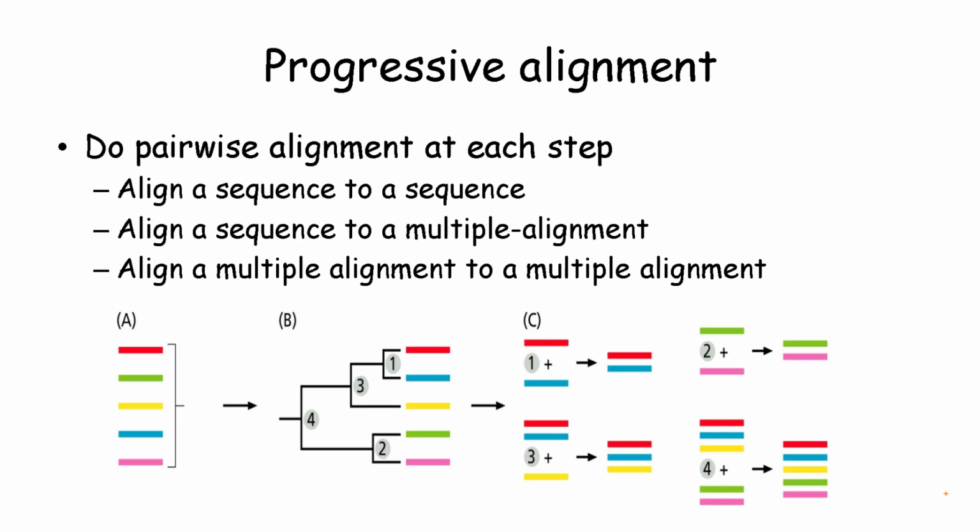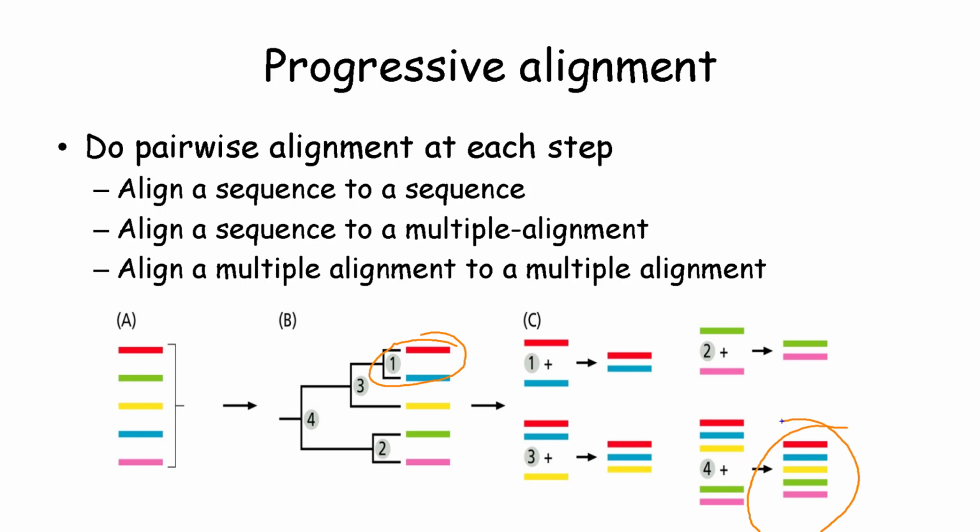One such suboptimal method is to perform a progressive alignment, where we perform repeated pairwise alignments. At each step, we merge the closest pair of entries using pairwise alignment, and repeat these merge steps until we finally end up with a multiple alignment of all of the sequences.